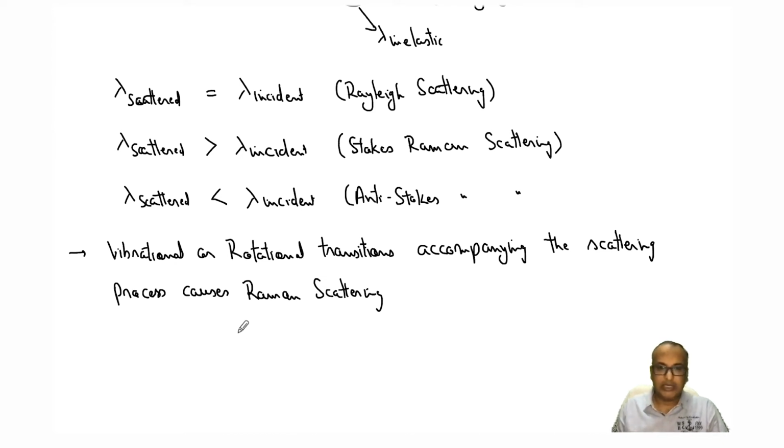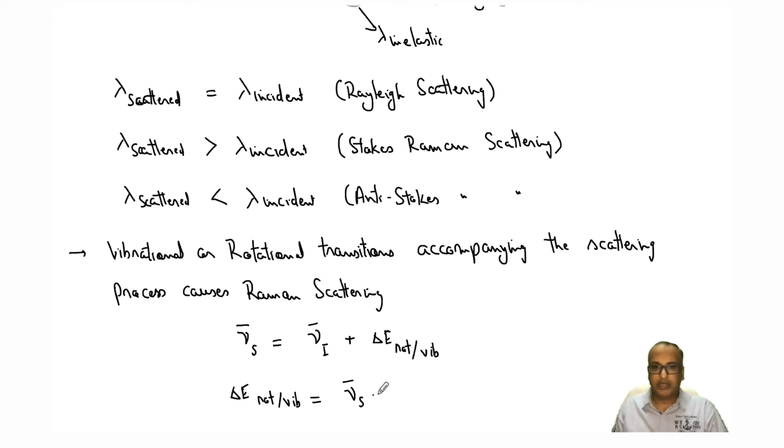So then we can say that if we talk in terms of nu bar, the wave number of scattered light is equal to wave number of incident light plus delta E rotational or vibrational, whatever is happening, right? So then I can say that delta E rotational/vibrational can be measured by this change in wave number, right?